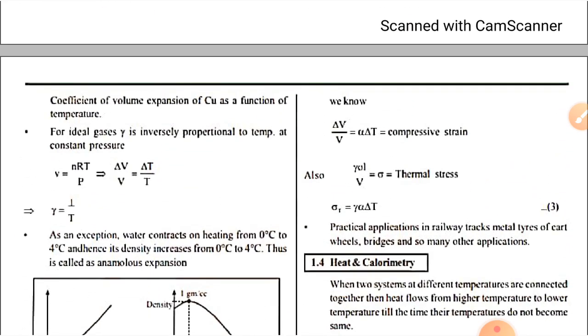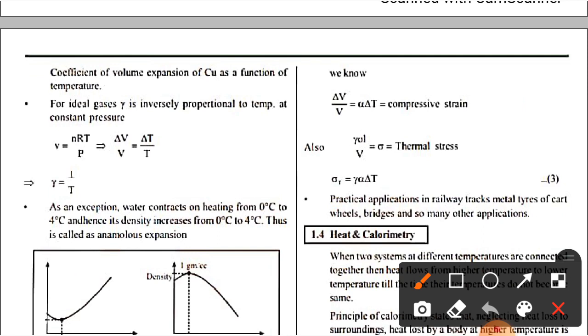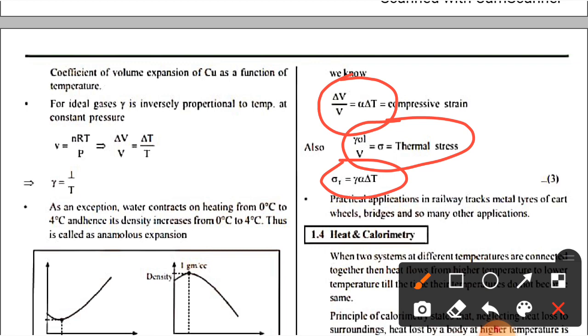So here delta V upon V, that is alpha delta T, is our compressive strain, right? And this equation is known as thermal stress, gamma alpha L upon V is equal to sigma. If we make sigma the subject, then it will be gamma alpha delta T, right?